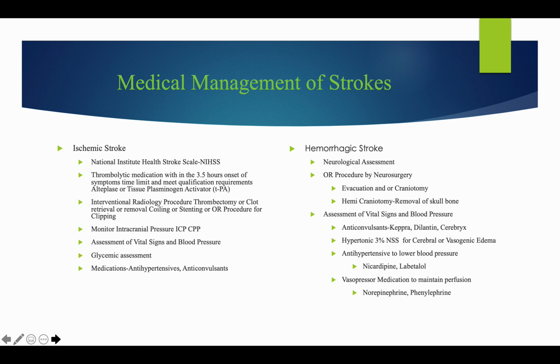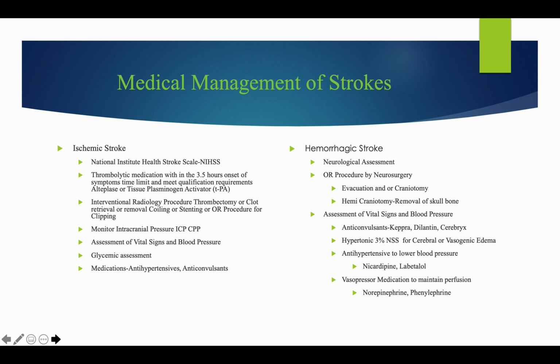We're constantly monitoring ischemic stroke patients' intracranial pressure. You take their intracranial pressure minus their mean arterial pressure, and you can get a CPP. That is commonly assessed when a patient has an arterial line, assessing their blood pressure that way.